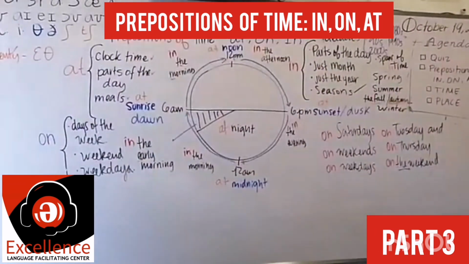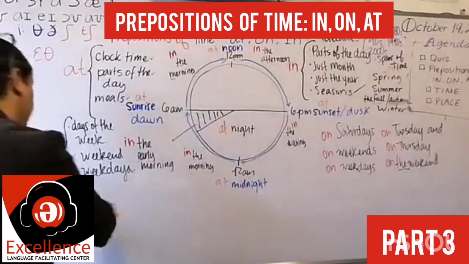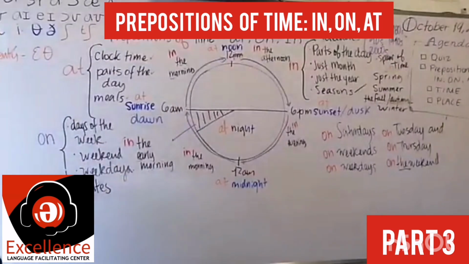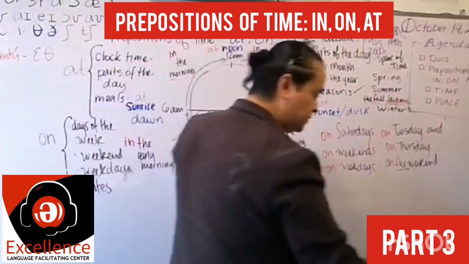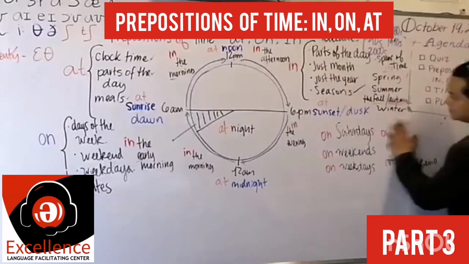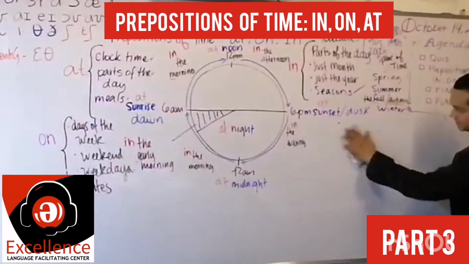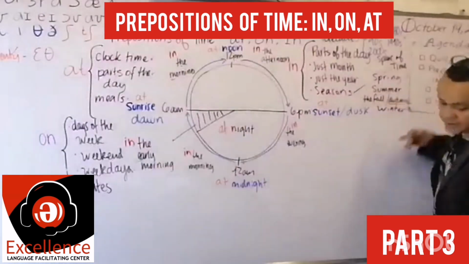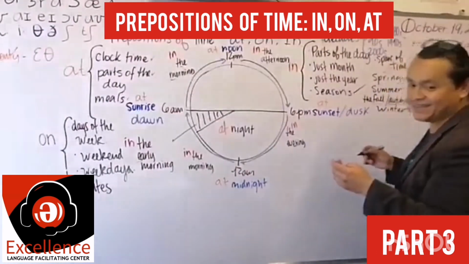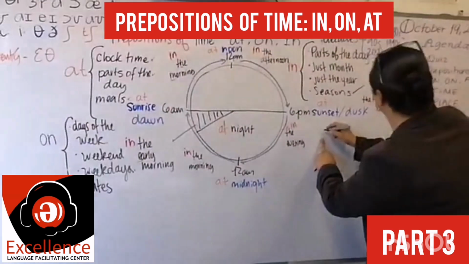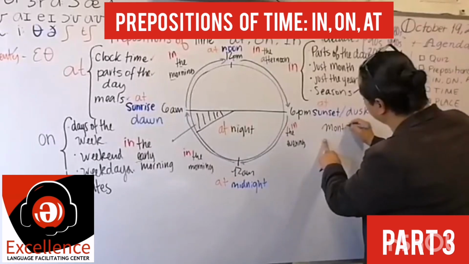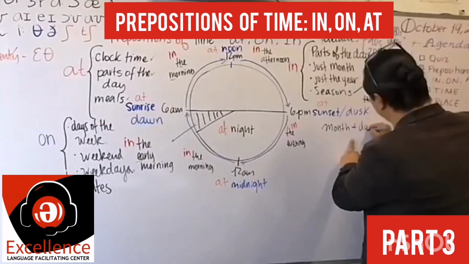So another use for on is when we talk about dates. May I erase this? Yes. Okay, good. When we talk about the dates, we're going to have month plus the day.